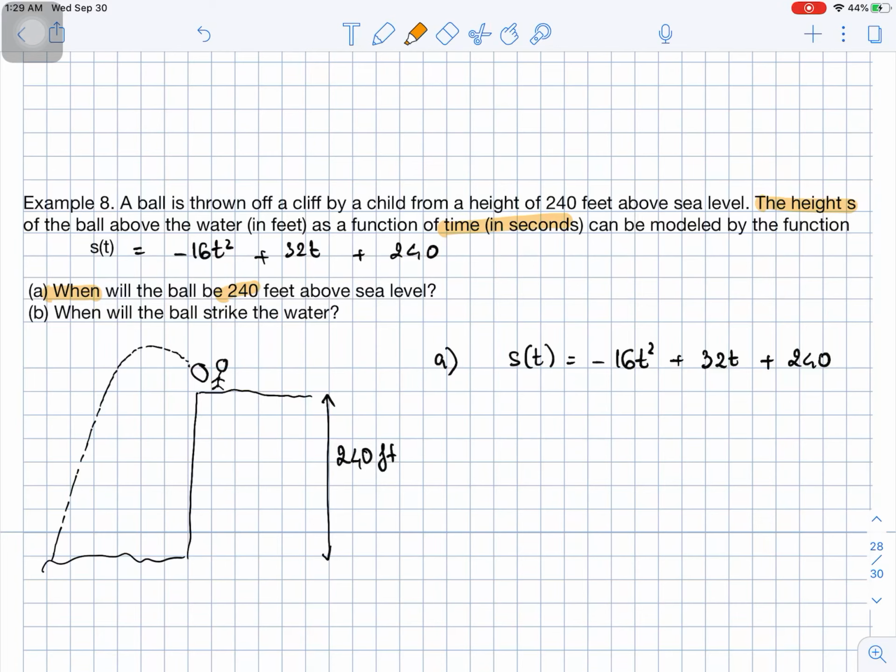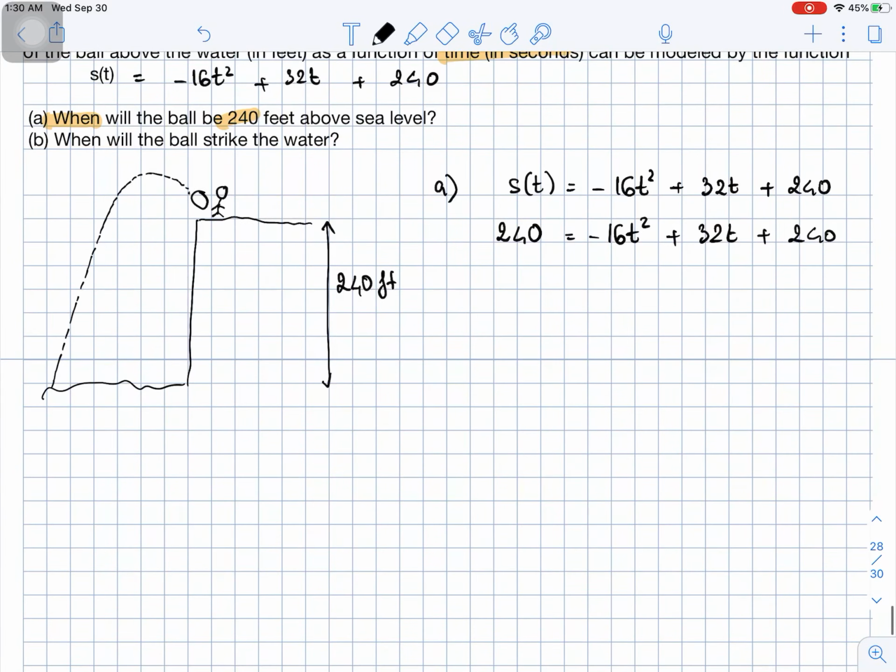So the question asks us when, that means they ask us to find the time. 240 feet they gave us is the height. So we will plug in 240 feet at the s of t. You say this is s of t, not s times t, okay? And then we have negative 16t squared plus 32t plus 240.